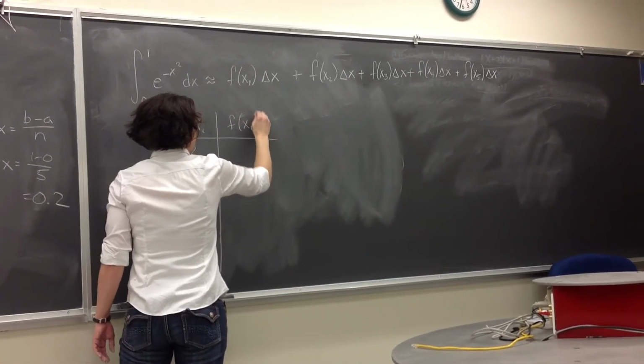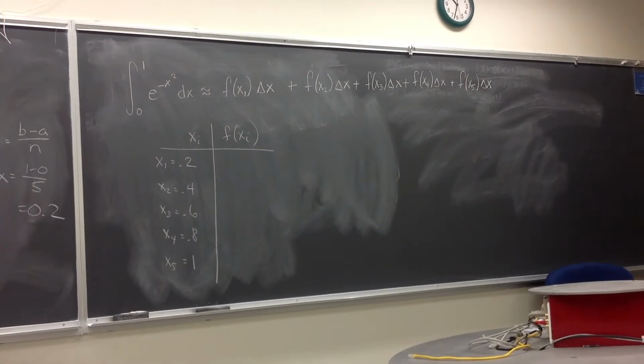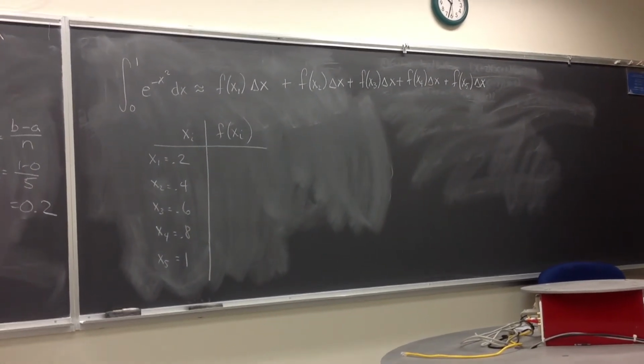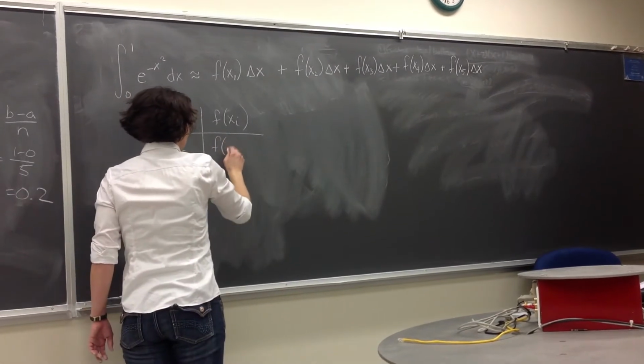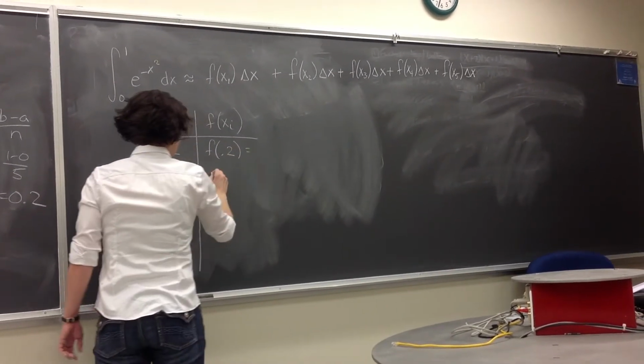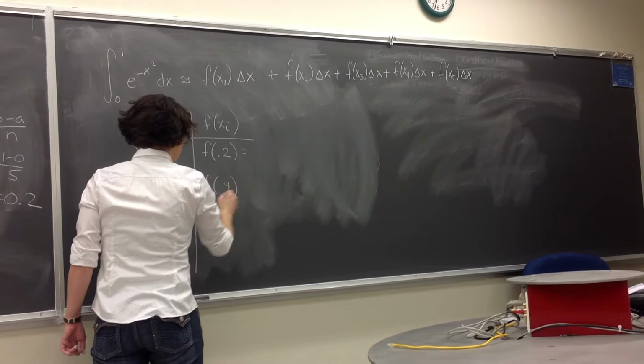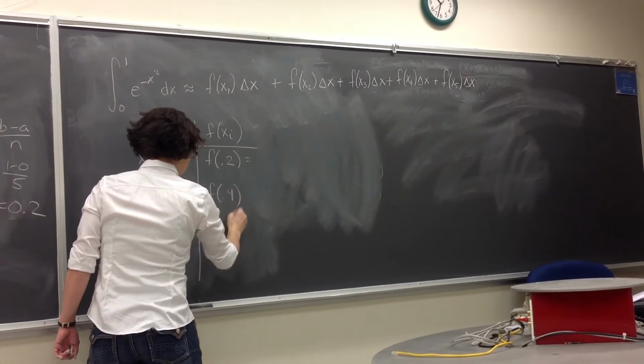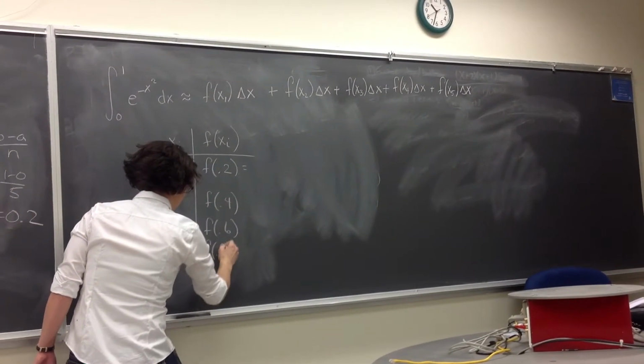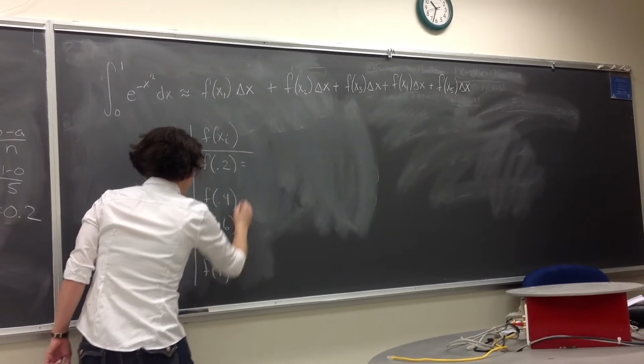And then I'll have a second column, which has the y value that is associated to each of those. So we have f of 0.2, we need to calculate f of 0.4, f of 0.6, f of 0.8, and f of 1.